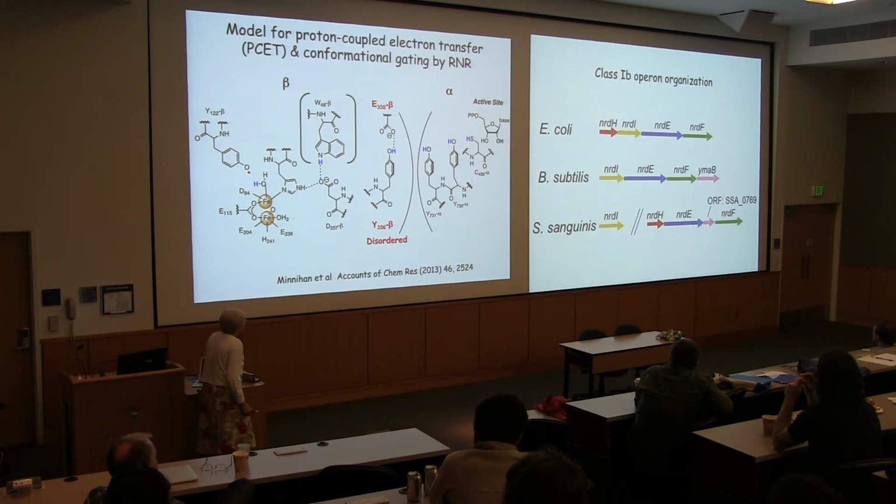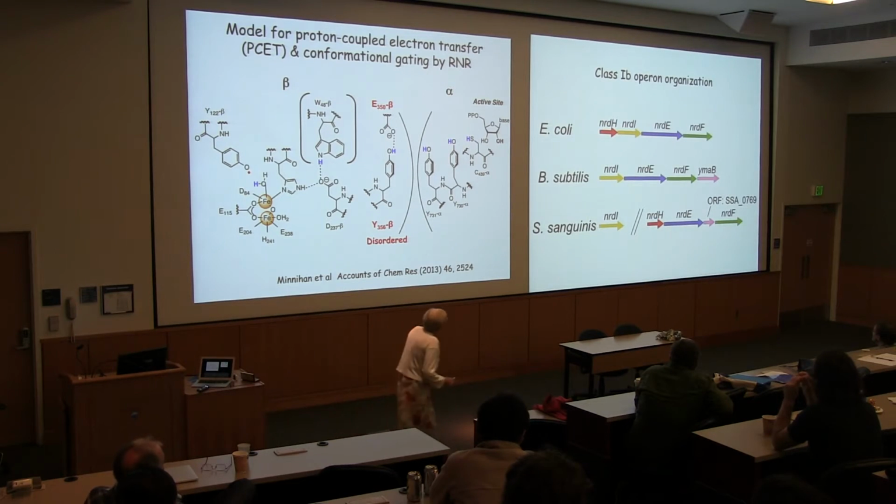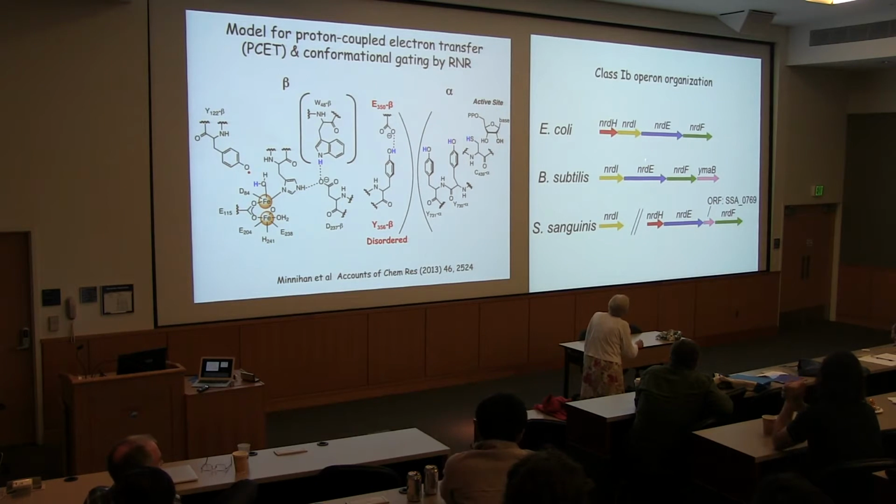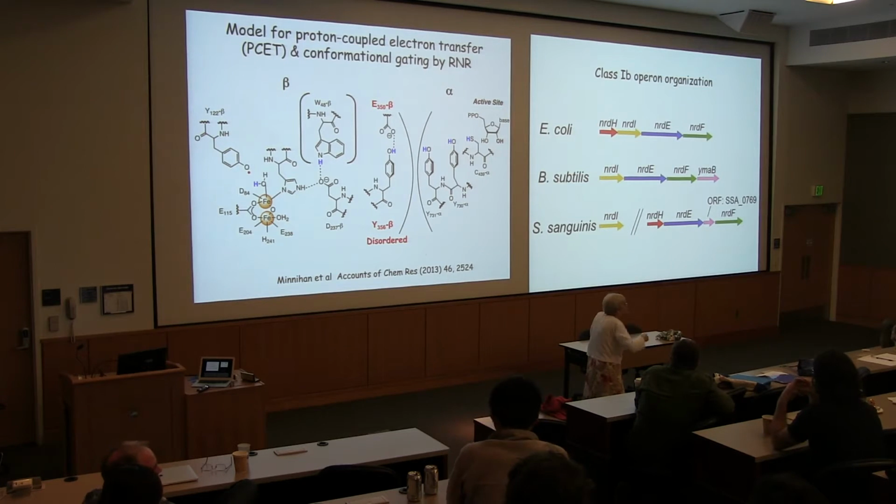And we immediately saw, looking at operons of NrdE, so that's alpha, and this one's beta, NrdF is beta. We saw a NrdI and we saw a NrdH. NrdH cycles ribonucleotide reduction. You need to re-reduce on every turnover to get multiple turnovers. NrdI is a flavodoxin.